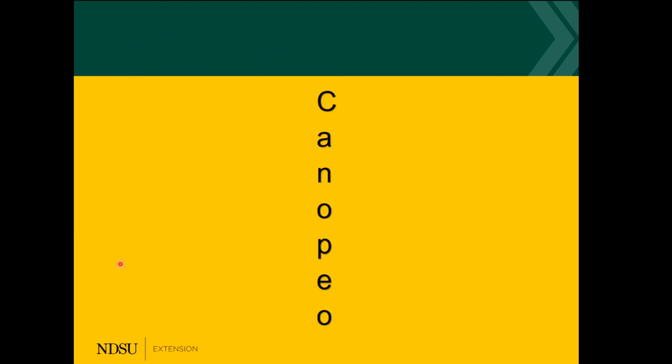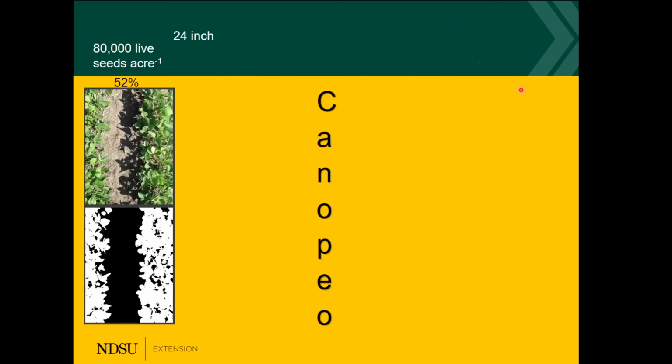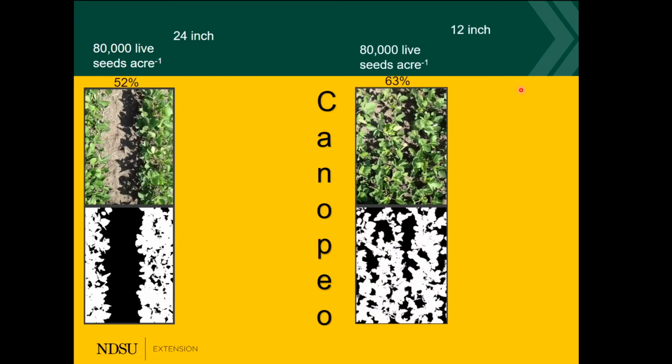So what I want to show you here is, if you go to the 12-inch, now you compare seeding rate, and you can see that with the higher seeding rates, we get a higher coverage, that's 83%. So in our studies, we compared yield from 24 and 12-inch, and there was a very strong correlation with the numbers that we found early in the season of canopy cover.